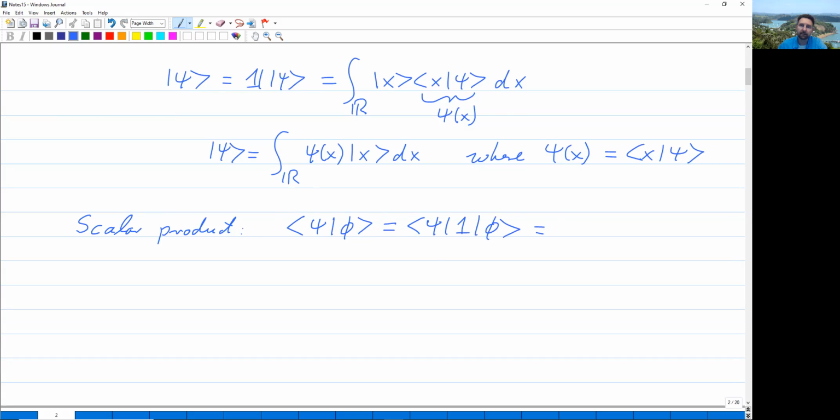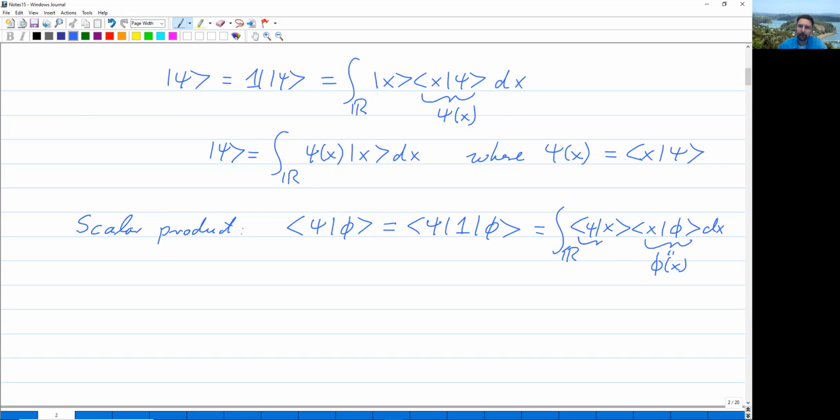And this is integral <psi|x>, here comes the resolution of the identity, and then <x|phi> dx, and this is to be integrated over r. Now, what are these two terms? Well, this we recognize as the position wave function of the abstract state phi. So this is phi of x.